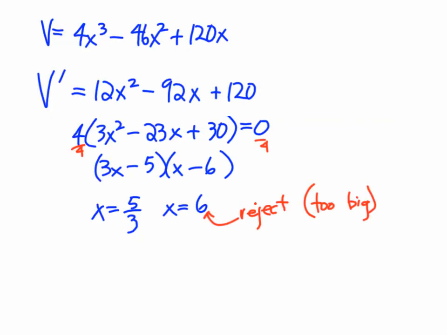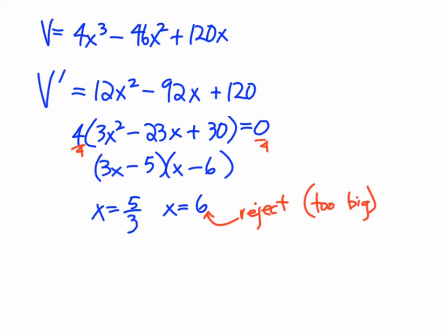So the derivative of the equation becomes 12x squared minus 92x plus 120. And if I solve that to find the critical numbers, I factor out a GCF of 4, divide by 4 to both sides, factor the trinomial, and I get x equals 5/3 and x equals 6.